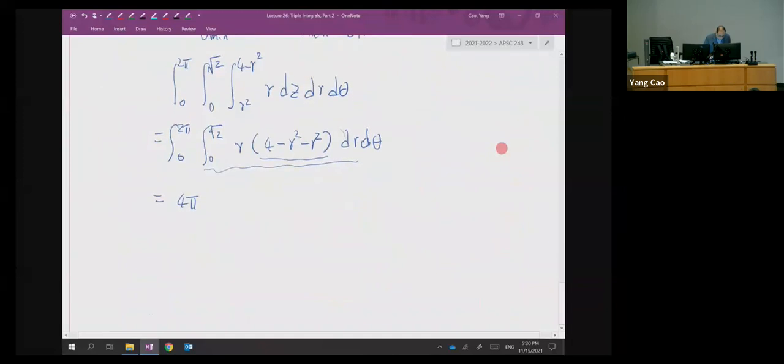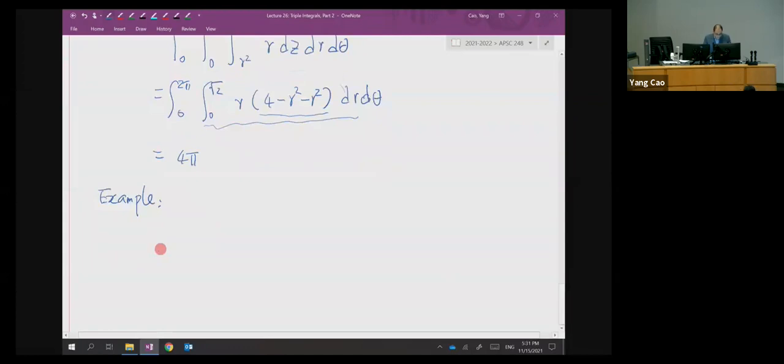Okay, so let's look at another example here. This example is not necessarily a calculation, but let's start with a reflection on what this geometry, or this expression, gives us.